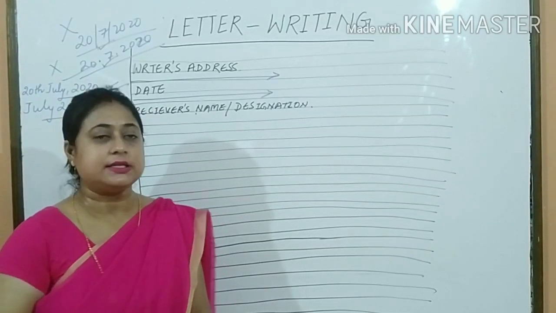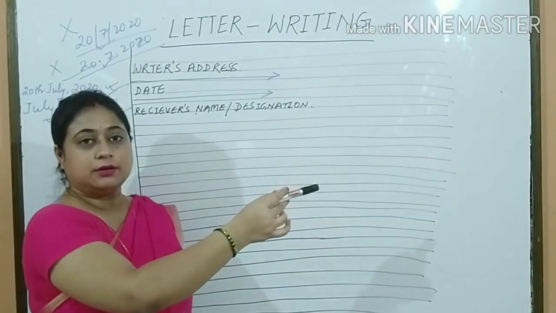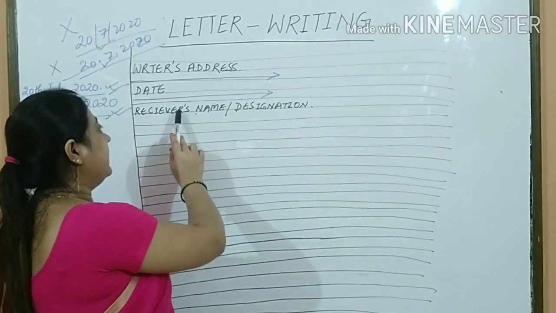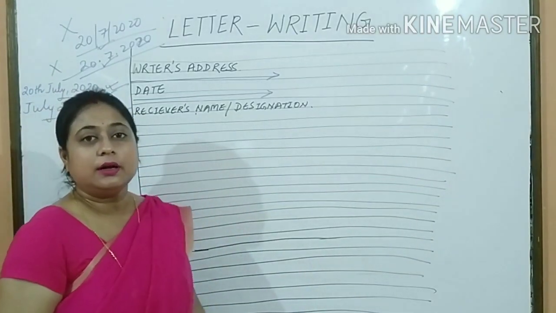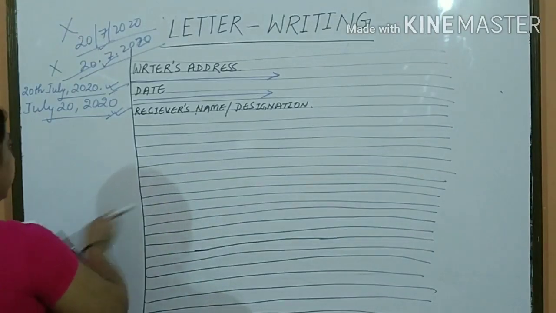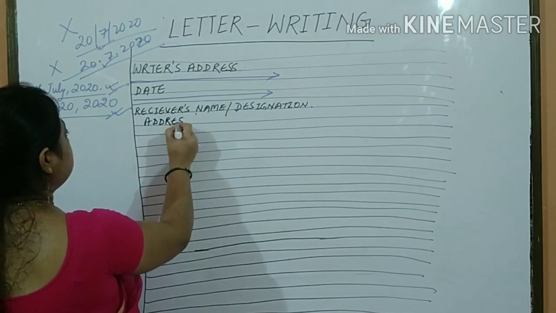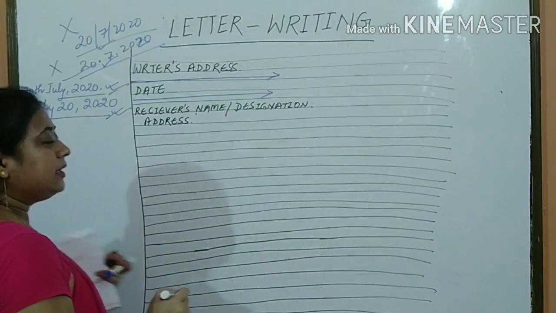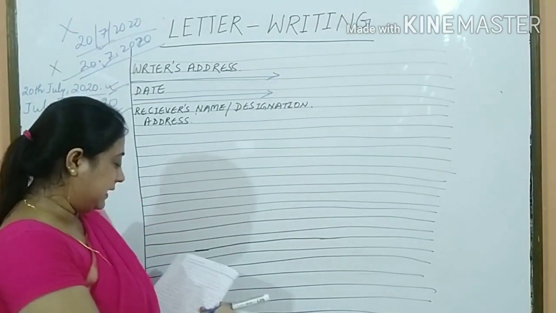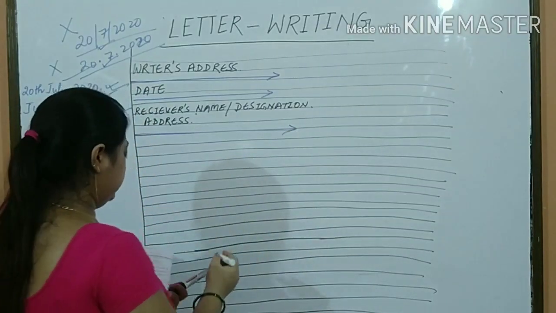For example, you write the principal, the teacher, the manager, the editor. So we will be writing either the name or the designation followed by the address. Below it, we will be writing in the next line the address in 2 to 3 lines. After that, again we will be leaving a blank line.